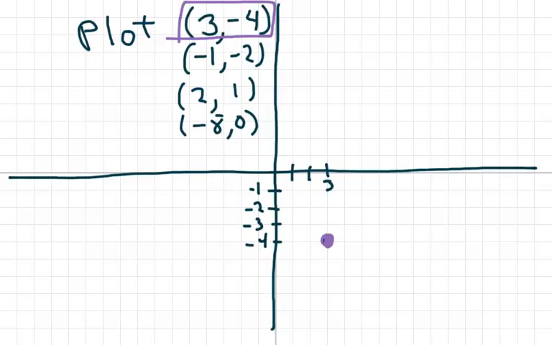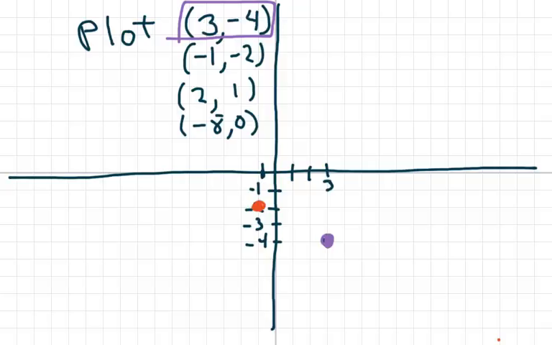Okay, let's plot -1, -2. So the X is -1, so we're going here. And -2 would be go down 2. And I'll do that one in red. So you're right there, and I'm kind of going to draw over the 2 here. So we went over to the left 1 and down 2.